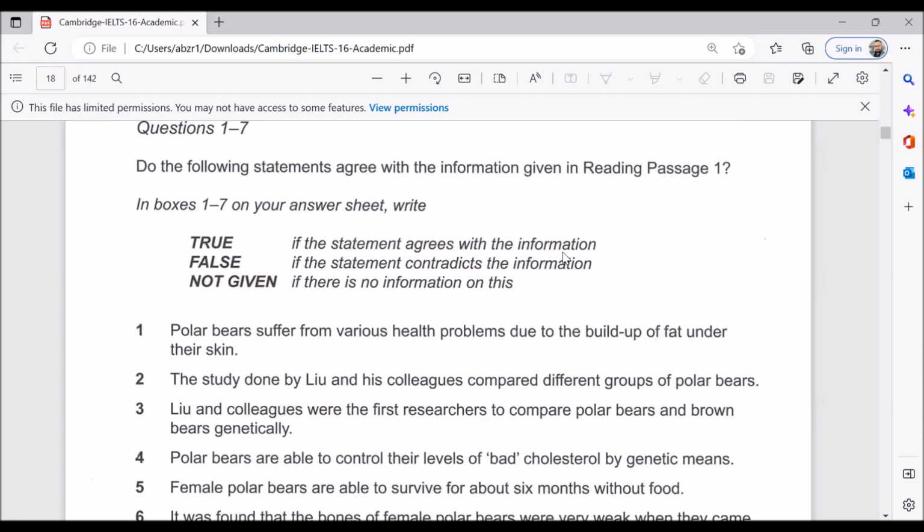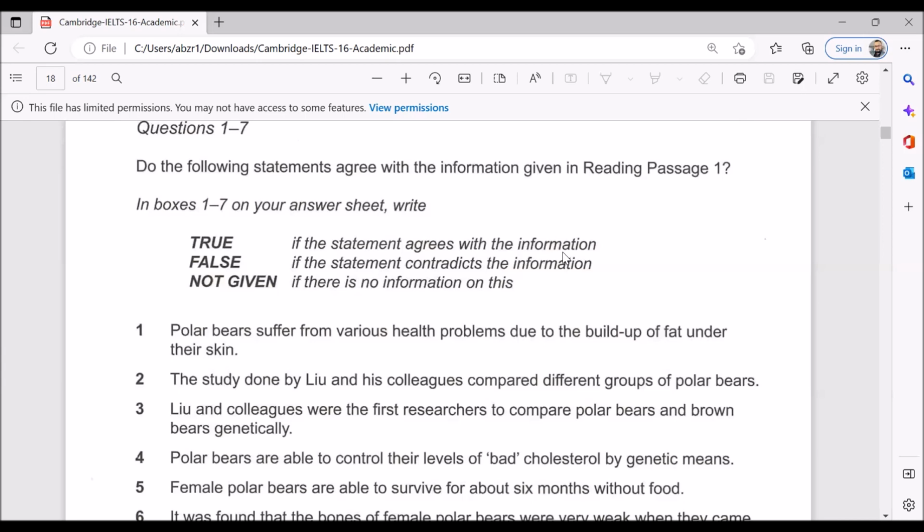In the reading test, they want to assess your reading ability. They want to see whether, when you read a passage, you really understand it. And that is why the question is given. If the information being asked in the question is not given, or even if the meaning given in the paragraph is a bit different from what is being asked in the question, the answer would be not given.